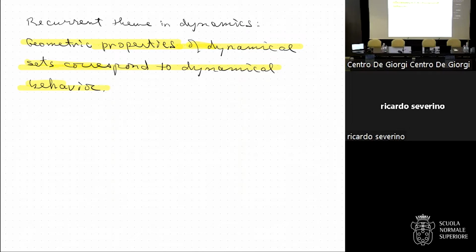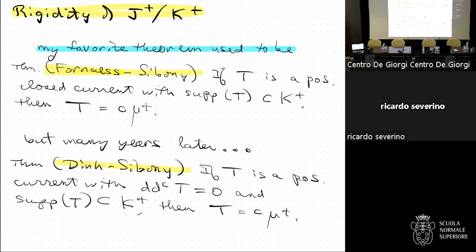Okay, so I want to say a little bit now that there are a lot of things corresponding. A recurrent theme is that if you have a shape of a dynamical set, that should correspond to some dynamical properties. So here are a couple of theorems I like about rigidity.